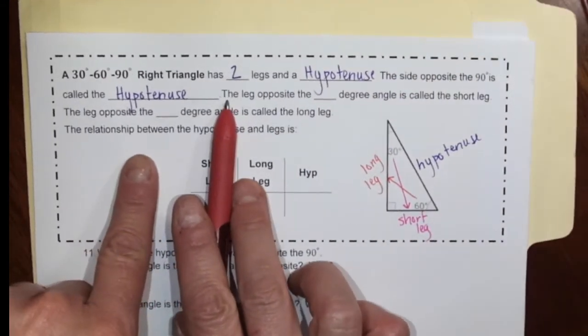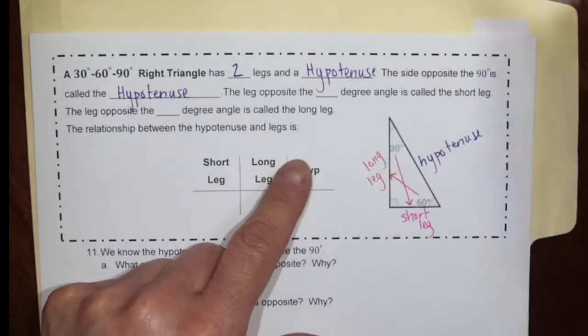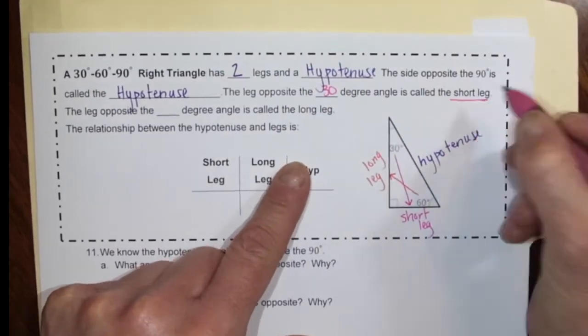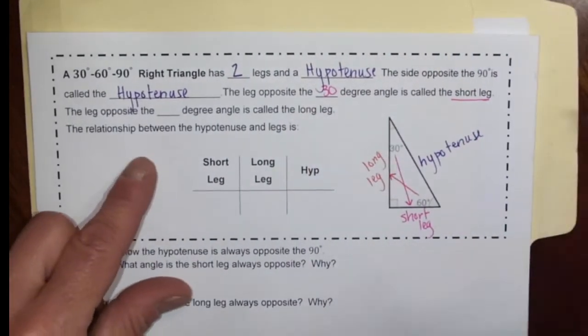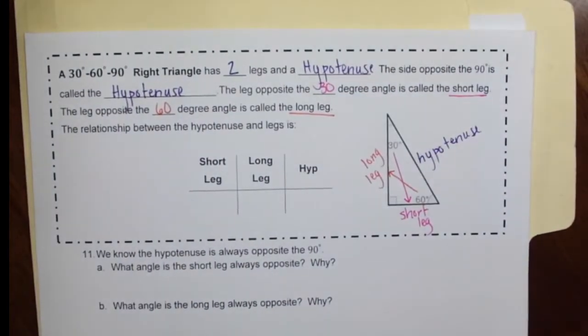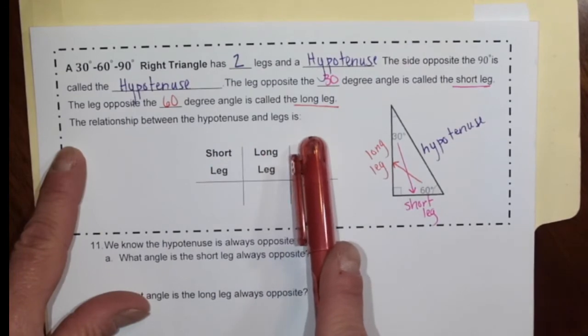And that's what this is formalizing up here. The leg opposite the 30 degree angle will be called the short leg, and the leg opposite the 60 degree angle will be called the long leg. Okay. Now the relationship between the hypotenuse and the legs is what?